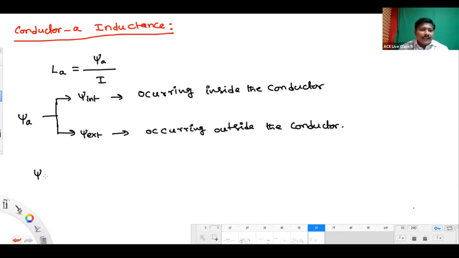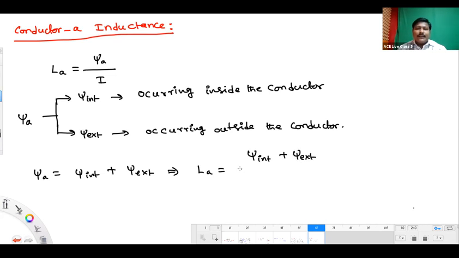So psi A is nothing but internal linkages plus external linkages. And now if you talk about inductance LA, which is psi internal plus psi external, so called psi A, by current, it is I.